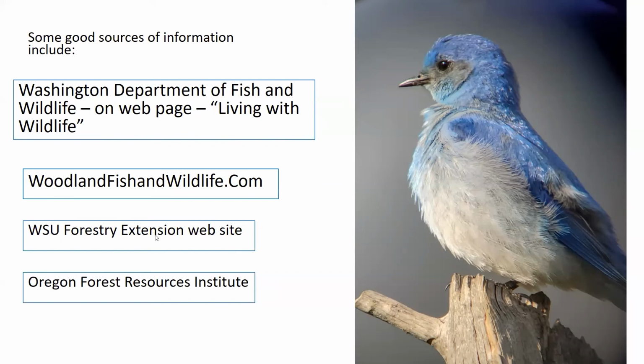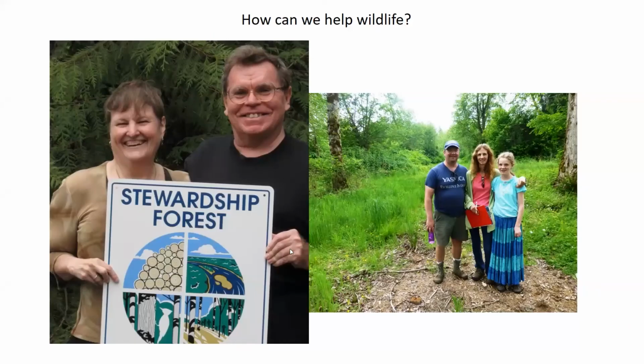The WSU Forestry Extension website is an infinitely rich source for all kinds of stuff. Dig in there and find their library of resources, and it's by subject. It's pretty darn remarkable. And Oregon has their own version of the same thing. So, Bat Conservation International is a great source for bat stuff. I can go back to that other page there, Sean. I don't know if we could post those links.